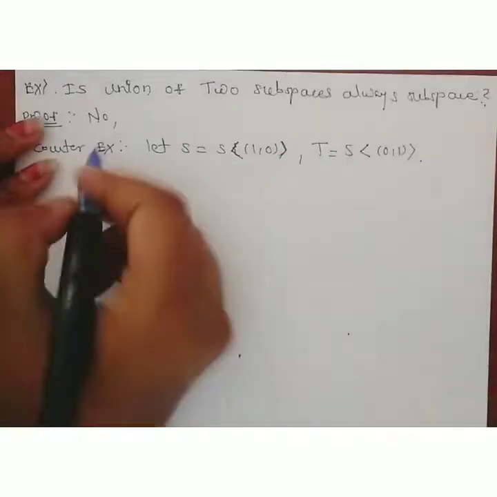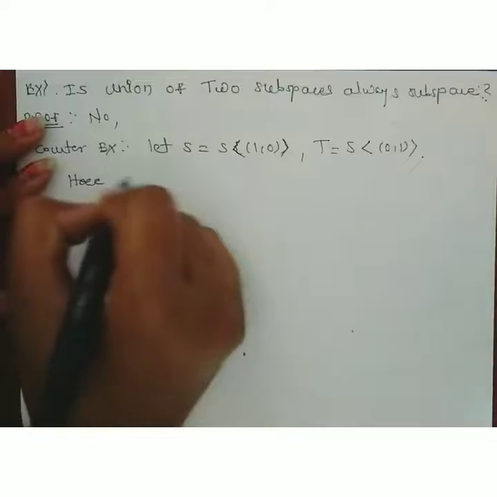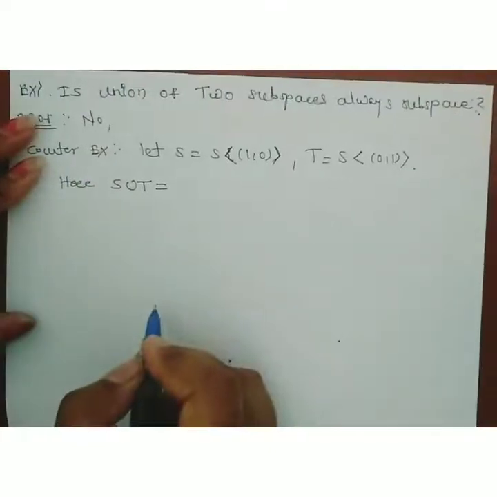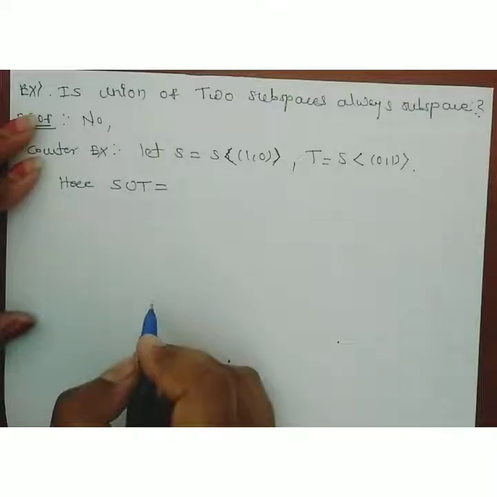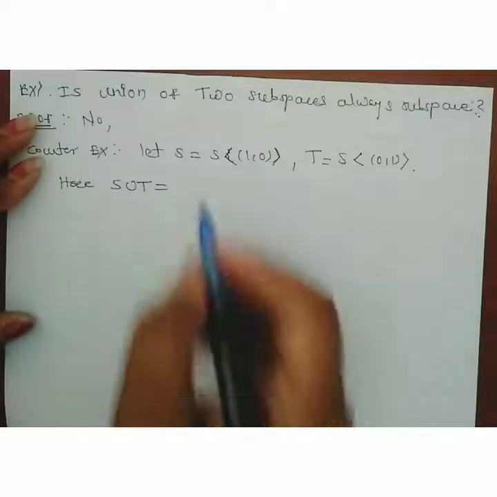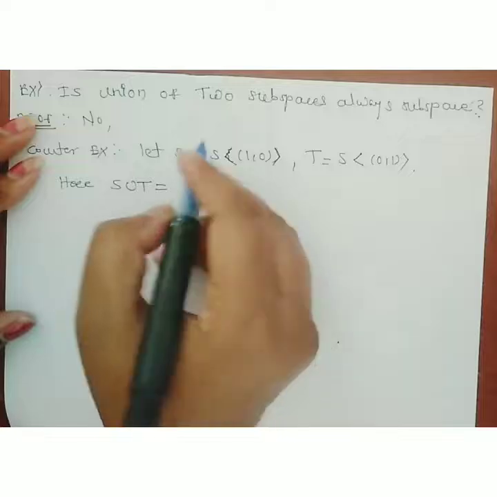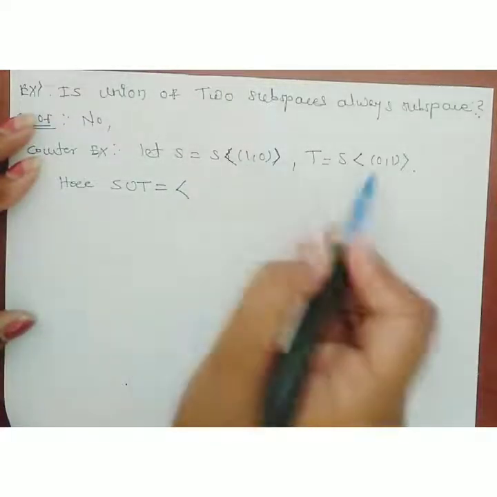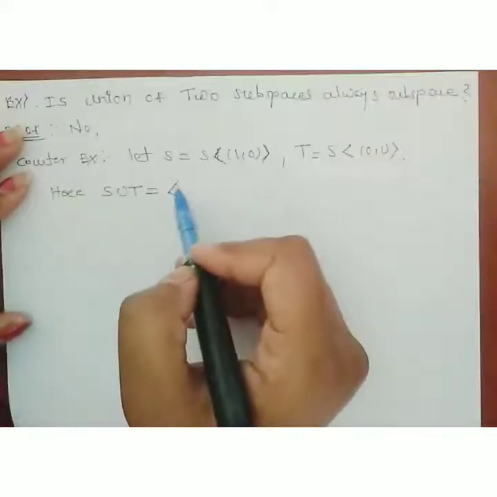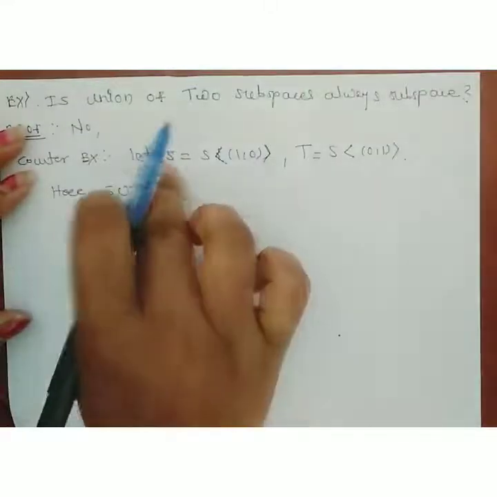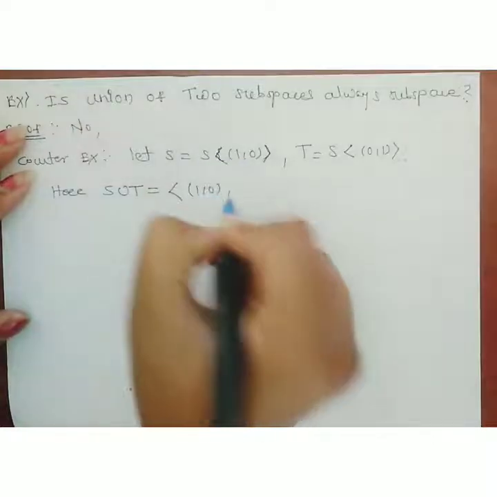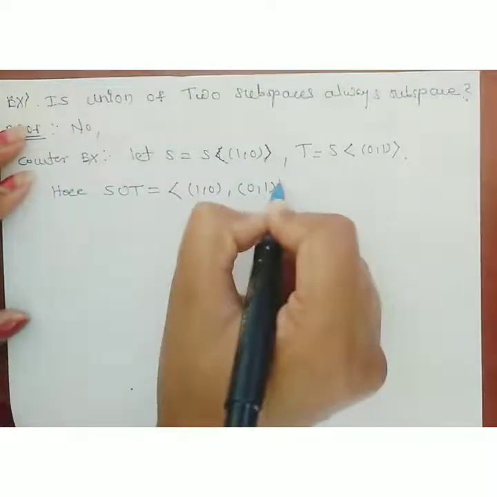Here S union T consists of the elements belonging to S as well as T, therefore it consists of (1, 0) and (0, 1).